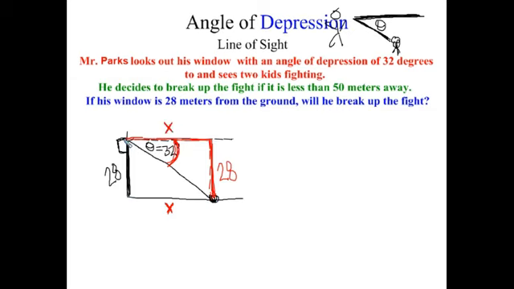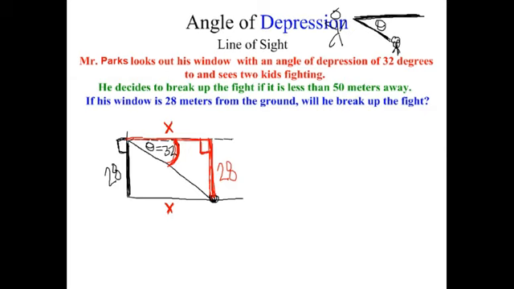So we're almost making a rectangle out of this angle of depression and the regular triangle that's formed with his window and the ground. So we know this angle is 32, we know this side is 28. Clearly this is our right angle formed by a horizontal and a vertical distance, and we're trying to figure out this length of x.